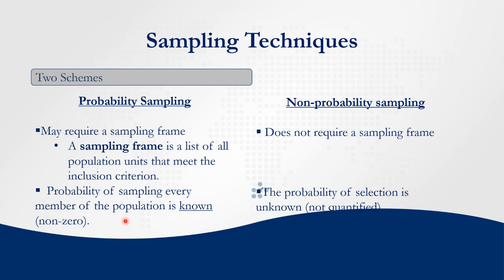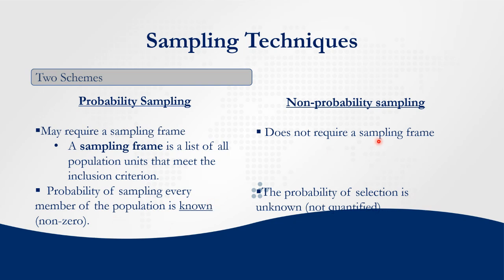So each of those numbers will have an equal chance of occurring. If, for example, you are doing simple random sampling, your units have the same probability of being sampled.